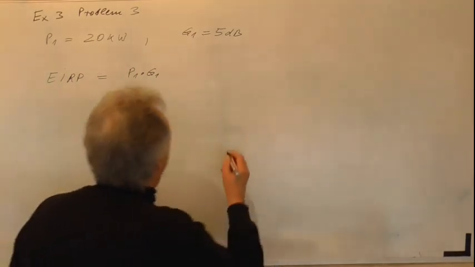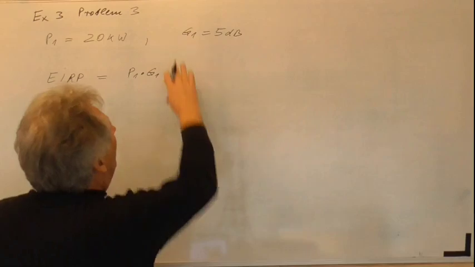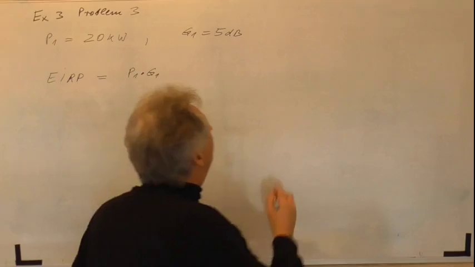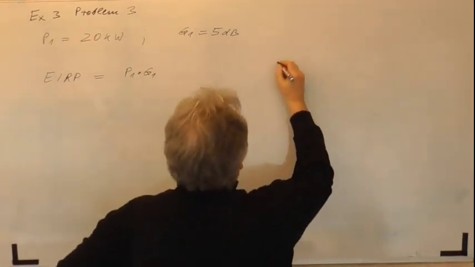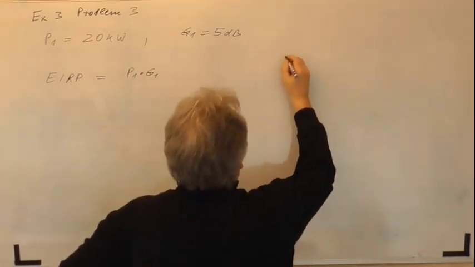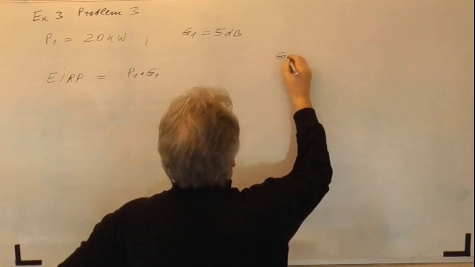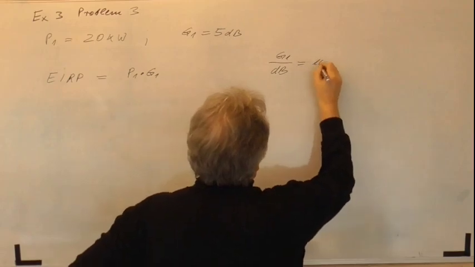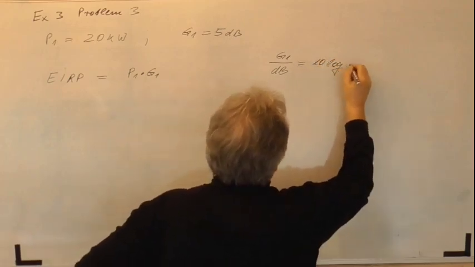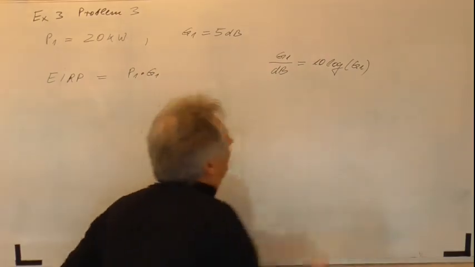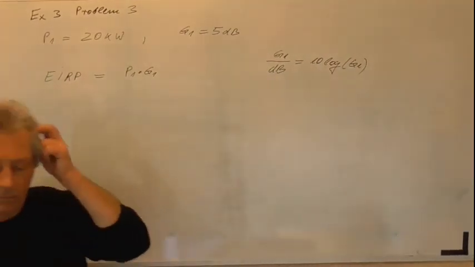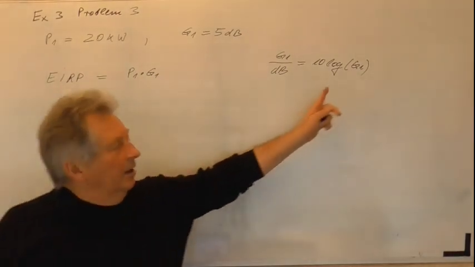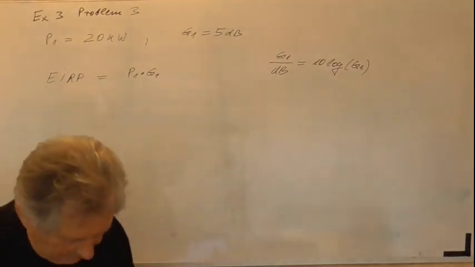So what we have to do is change G1 into the linear scale, and we know that we have the relation that G1 given in dB is 10 times log G1. This is the notation I use to convert the linear scale into the dB scale.